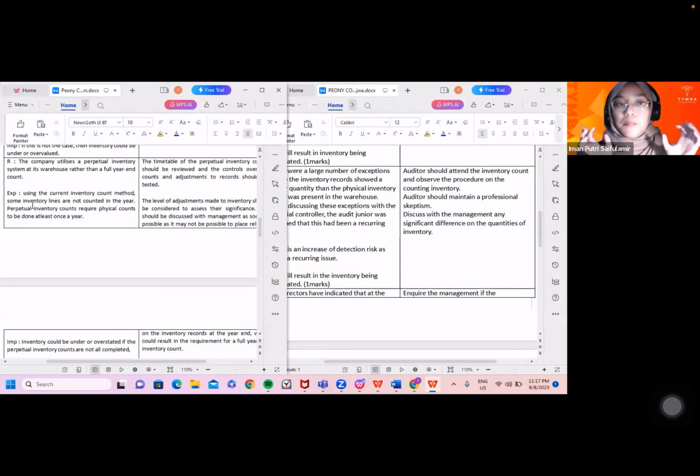Basically we have two different inventory counts. First is the perpetual inventory count. For example, IKEA will usually have a perpetual inventory count. What is a perpetual inventory system? Let's say you go to IKEA and purchase a table. At the cash register, the cashier will scan this item and then you pay for it.